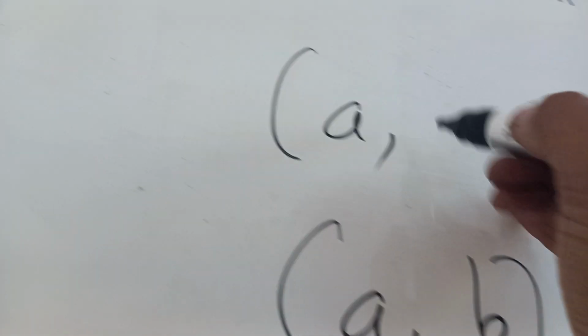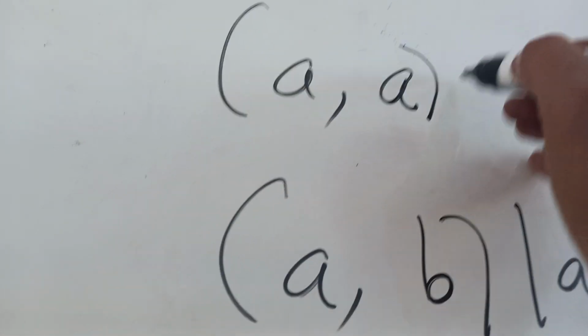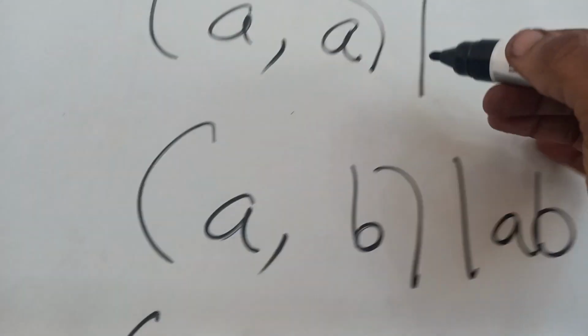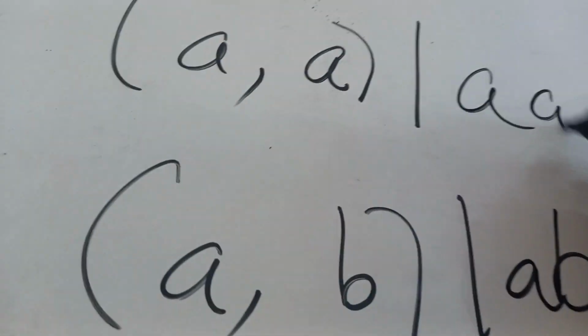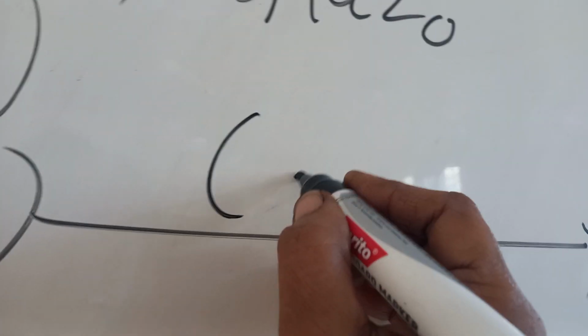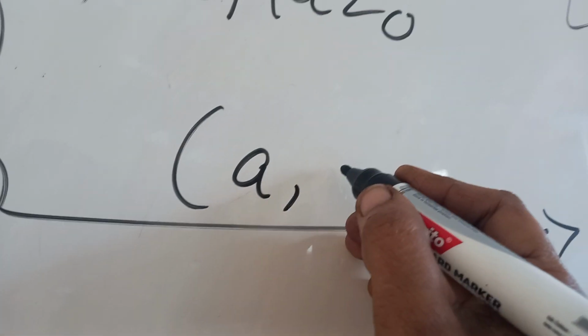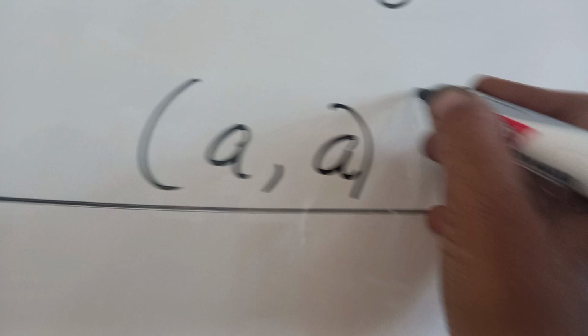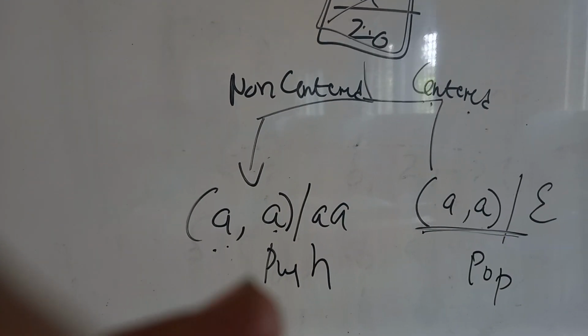Now, if the input symbol is A and the top of the stack is A, we have to perform two operations. One operation is the push operation, that is AA. Meanwhile, we also have to perform the pop operation. If the input symbol is A and the top of the stack is also A, we have to perform the pop operation. So just now we saw that case.